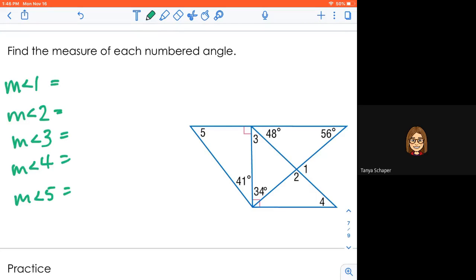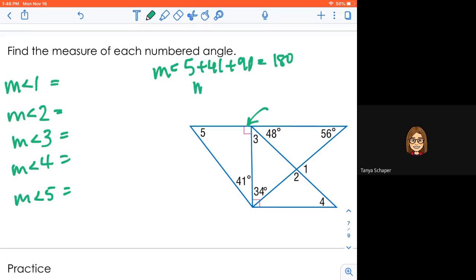So when I'm looking at this, the first one I'm going to look for is actually 5. I'm going to say that the measurement of angle 5 plus 41 plus 90 equals 180. Again, this is my symbol for 90 degrees.